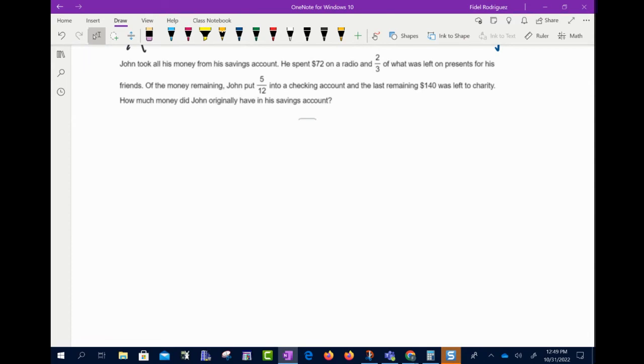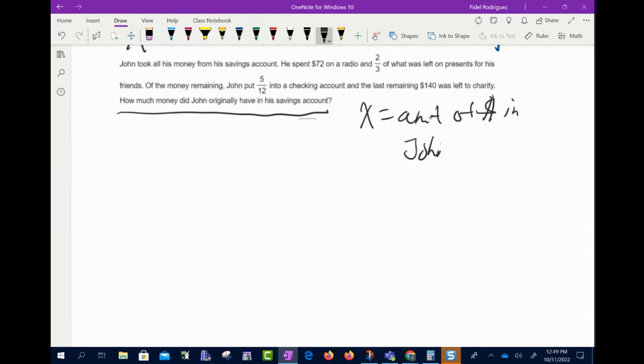Of the money remaining, John put 5/12 into a checking account, and the last remaining $140 was left to charity. How much did John originally have in his savings account? I don't know, but this tells me what I'm trying to find. Okay, let's let X be the money in John's account.